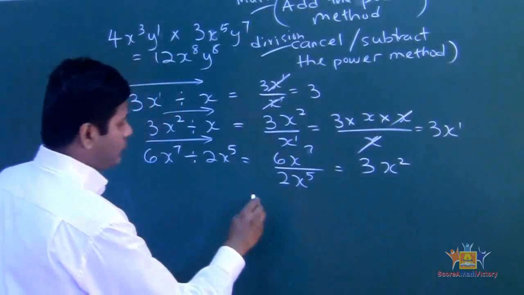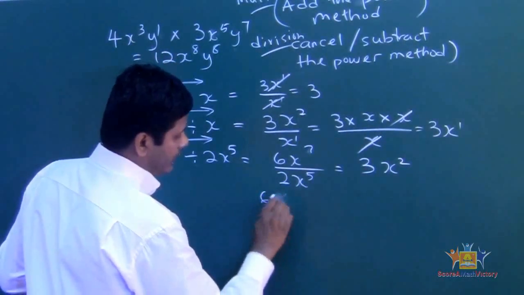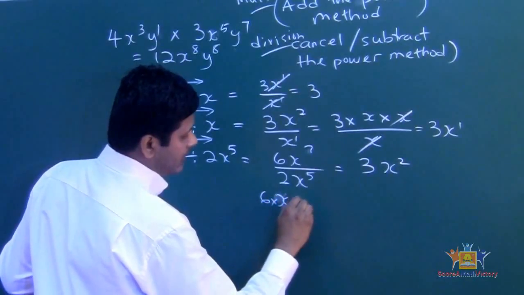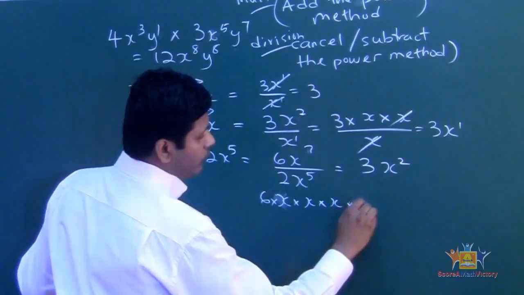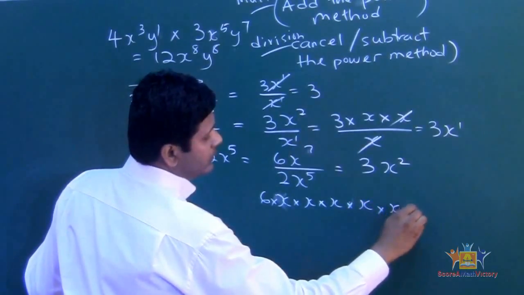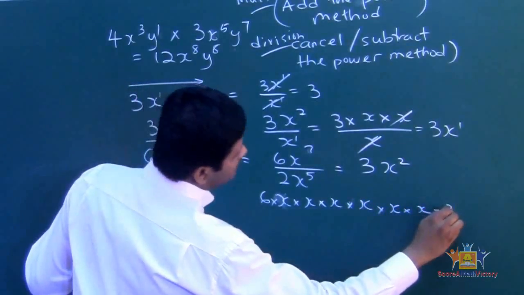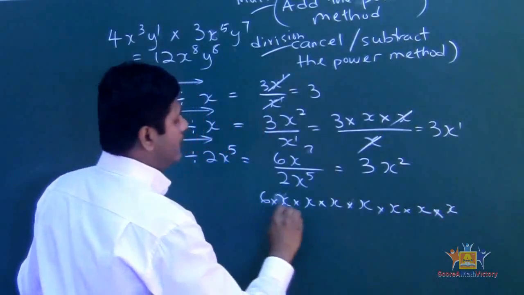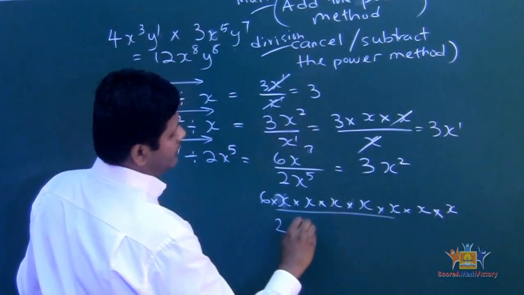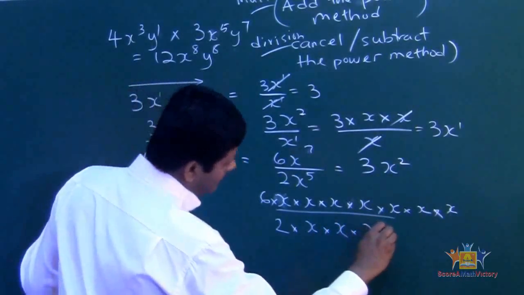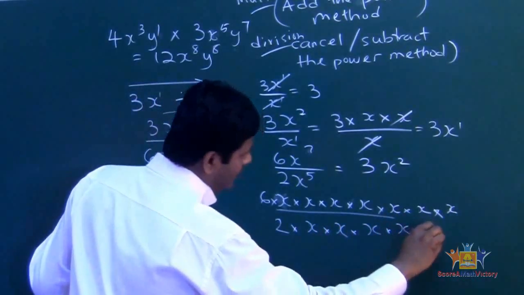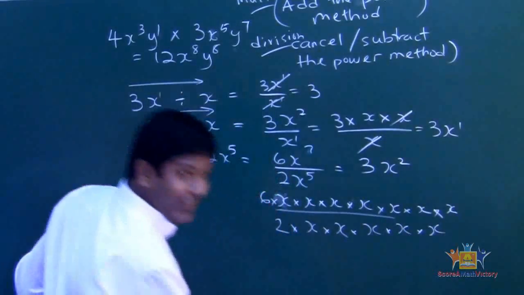Because I don't want you to do it this way, because this is going to take forever. x times x times x, 1, 2, 3, 4, 5, 6, 7, and then 2 times, 1, 2, 3, 4, 5.